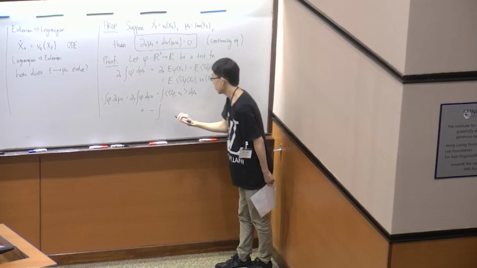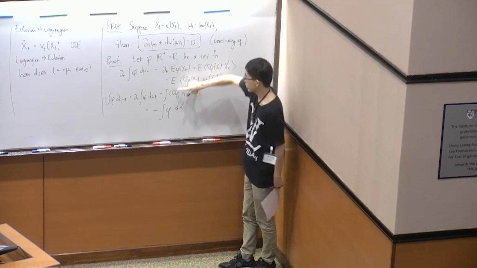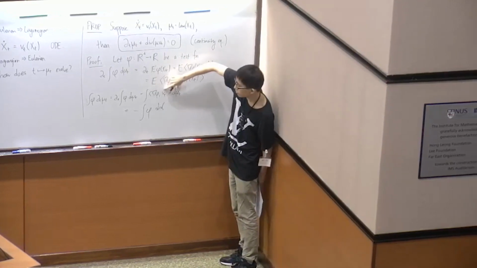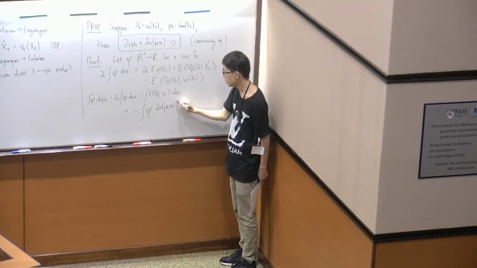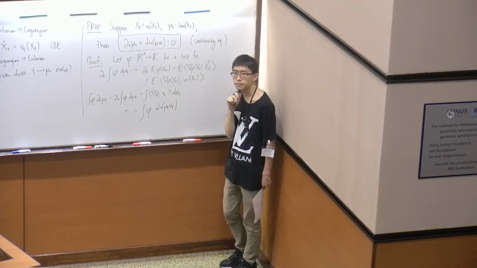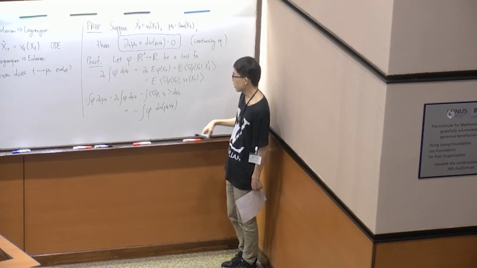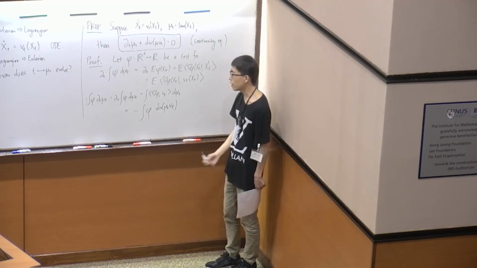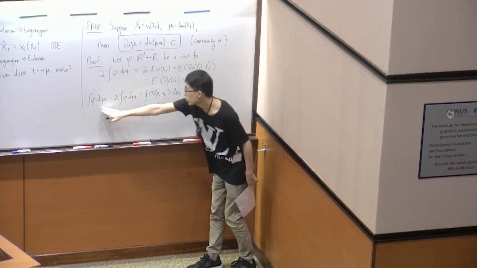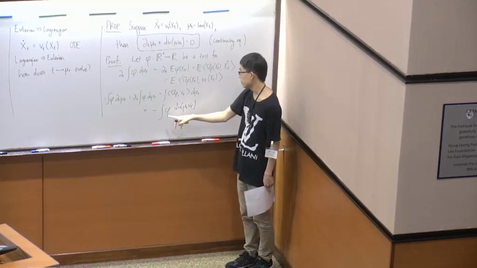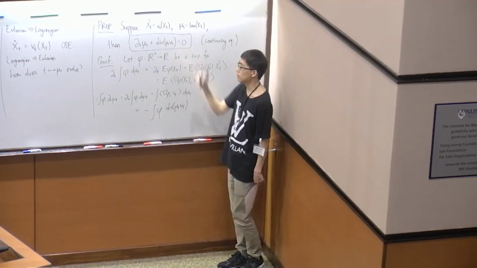And when you do that, you get a minus sign, you get phi, and I'm basically pushing this gradient on the phi to everything else. So I get the divergence of mu t vt. Then this equation is supposed to hold for every test function phi. And so the only way that can happen is if partial t mu t equals minus divergence of mu t vt, which is the continuity equation.